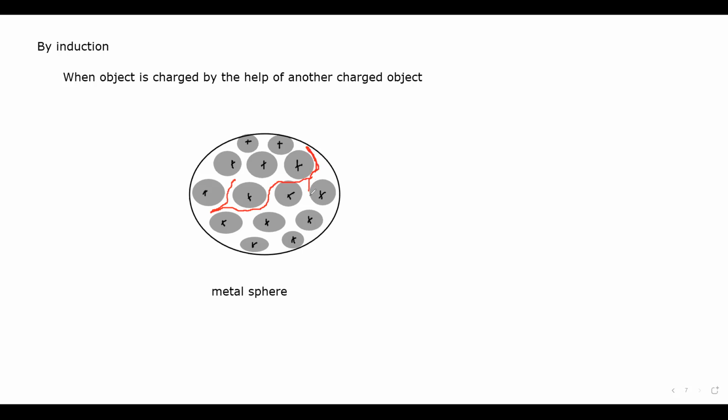It is representing electrons. Electrons can be anywhere within these spaces, continuously moving, not in a specific direction, randomly. The red color represents the delocalized electrons. Delocalized means not having a fixed position.